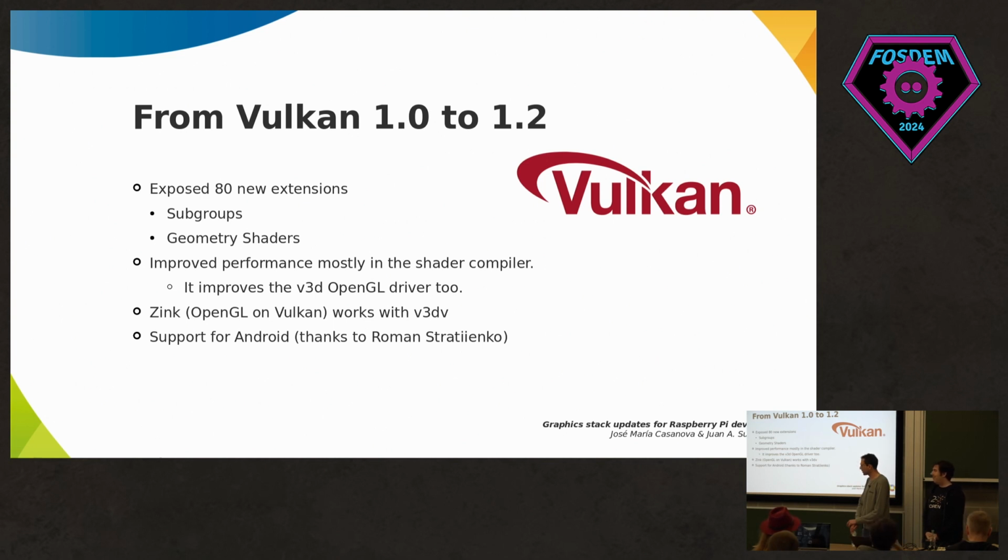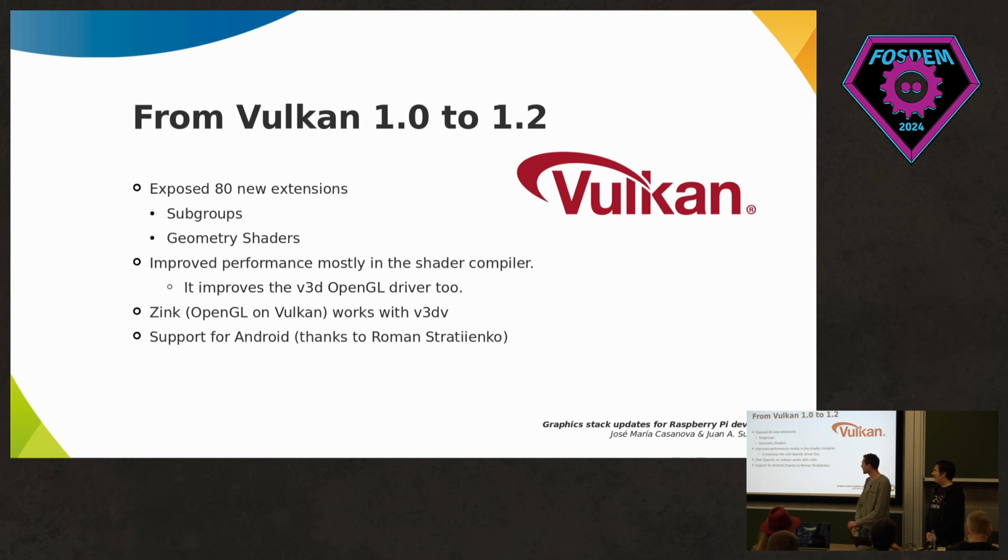But I think probably the most important work done was improving performance. When Vulkan 1.0 was released, the target was just having a conformant driver, so we didn't spend any time on making it fast. During this lifetime, we worked a lot on making it more performant, especially in the shader compiler, to reduce register pressure and develop strategies to make the shaders smaller and run faster.